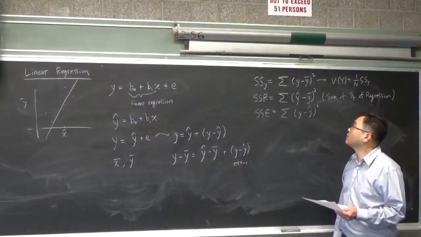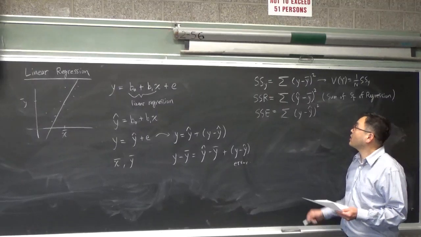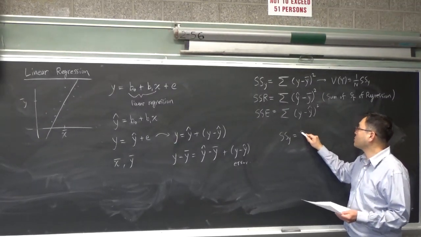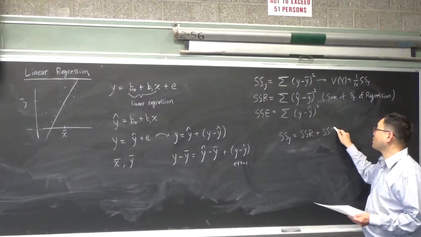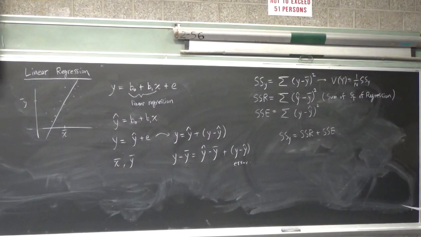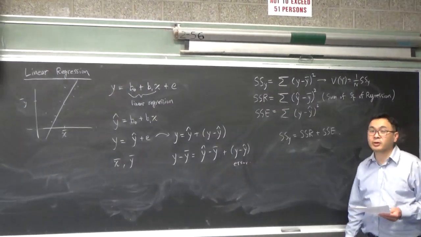And then you can prove that sum of squares of y is sum of squares of regression plus sum of squares of the error. Okay?